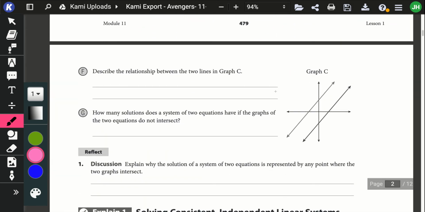How about this one? What's the relationship between these two lines? We could say they have the same slope. They have different intercepts, x and y.